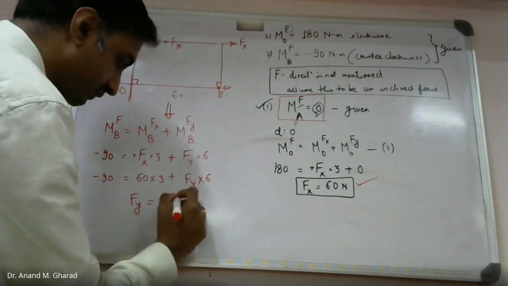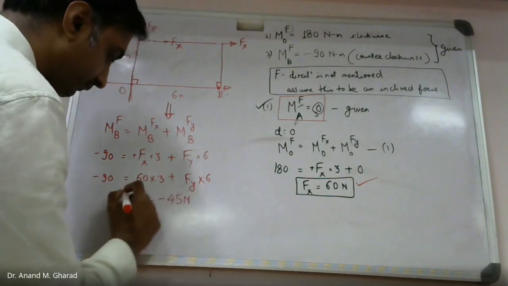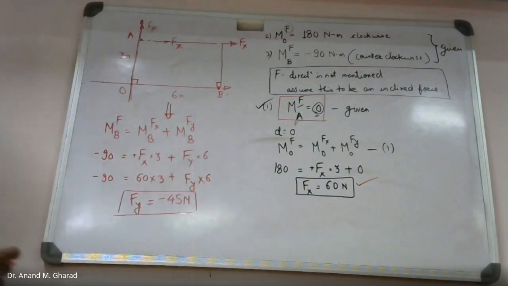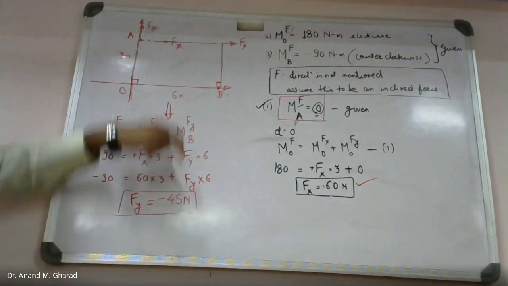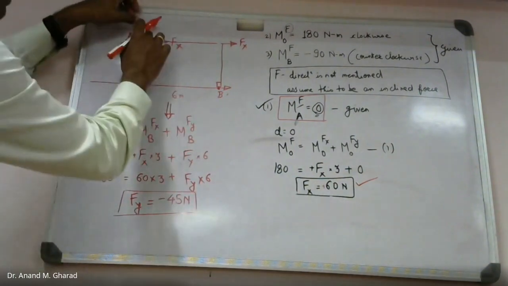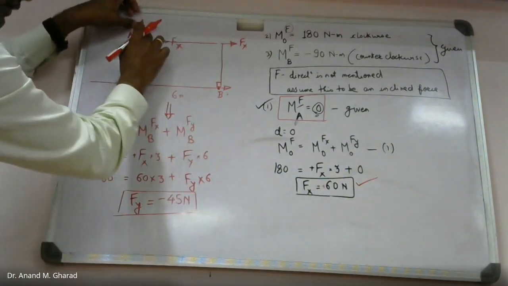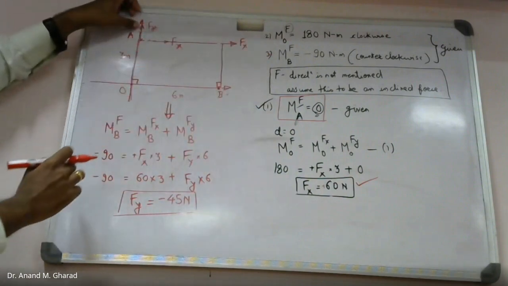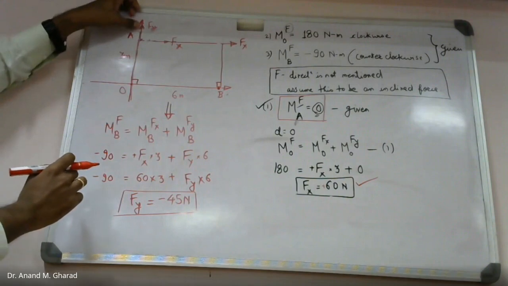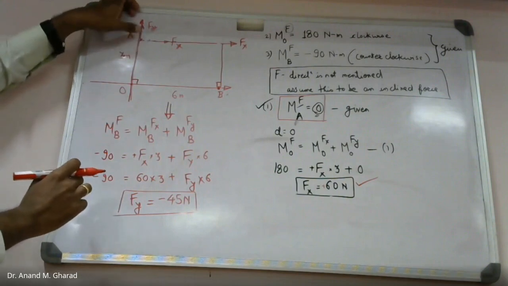Minus 45 Newton. Correct. That means Fx was a positive value, whereas Fy is negative. That is, whatever we have assumed is incorrect based on the information given, and therefore the direction of this Fy should be in the downward or opposite direction.